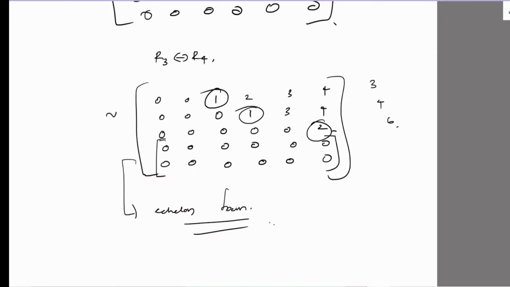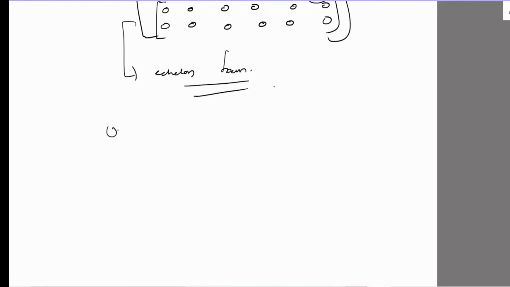Next I am going to tell you, if we are given any matrix, we can convert that matrix into row echelon form. Whatever matrix is given, we can convert it into echelon form using the elementary row operations.